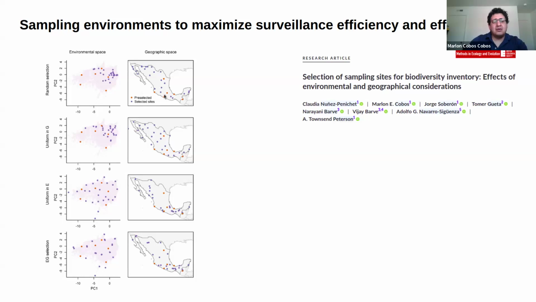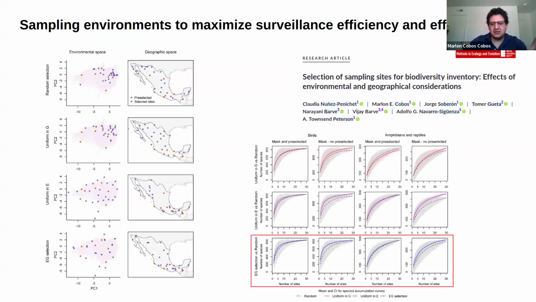We picked this particular geographic region, which is Mexico, because of the existence of more or less well-mapped biodiversity data. Once you get all these different scenarios of picking points to go and sample, you can check what happens when you sample that biodiversity in those areas.